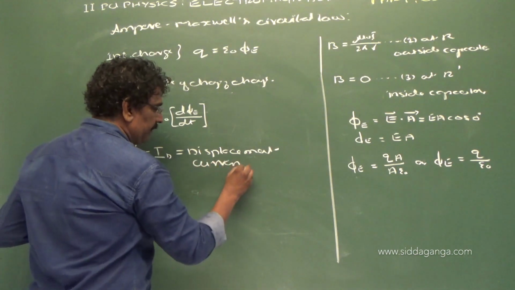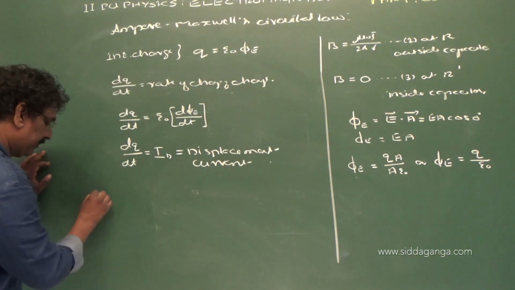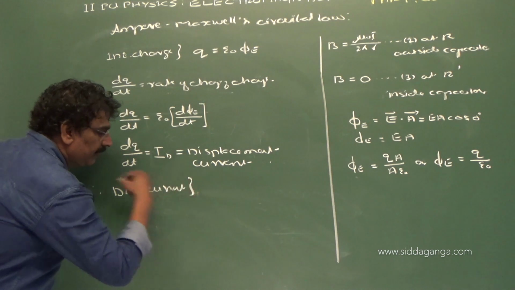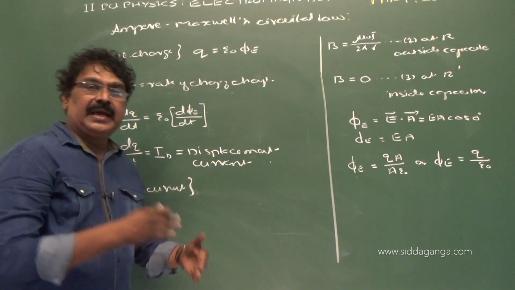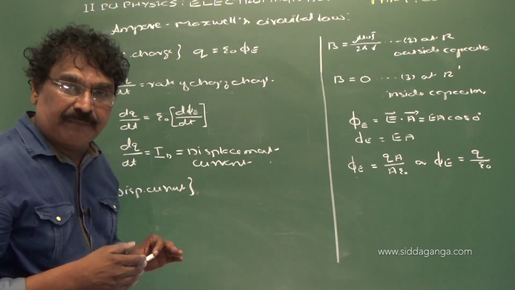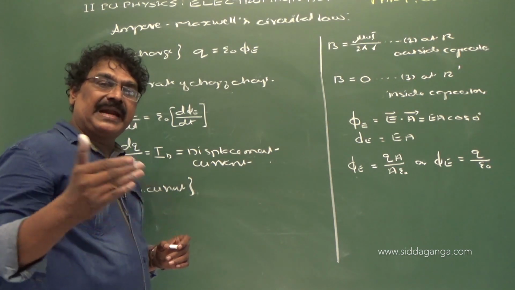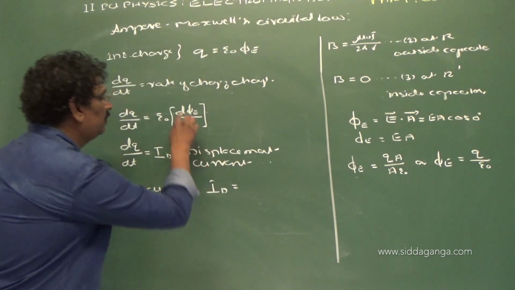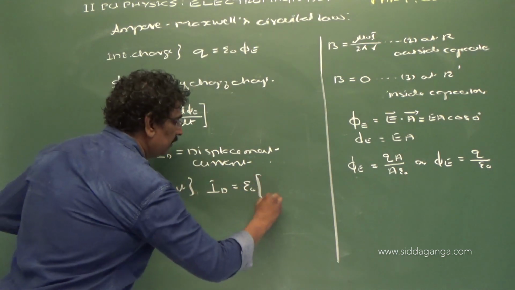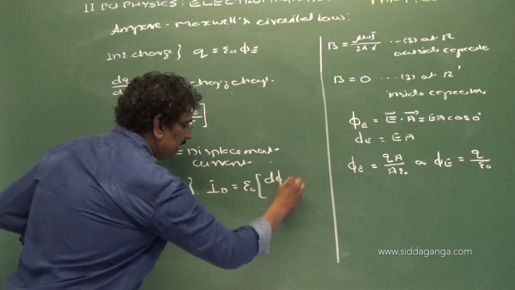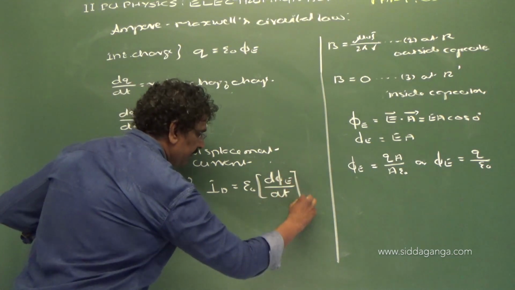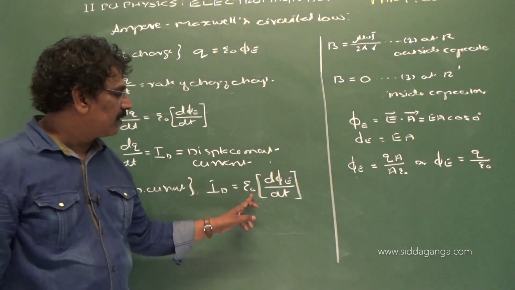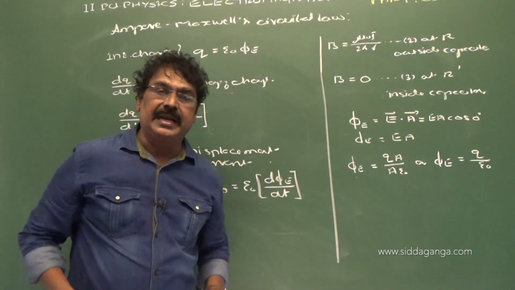So therefore, the displacement current that is flowing in the region of space between the plates of a charging capacitor, ID, is equal to epsilon naught d phi E by dt. Right. So the displacement current ID is equal to epsilon naught into d phi E by dt.